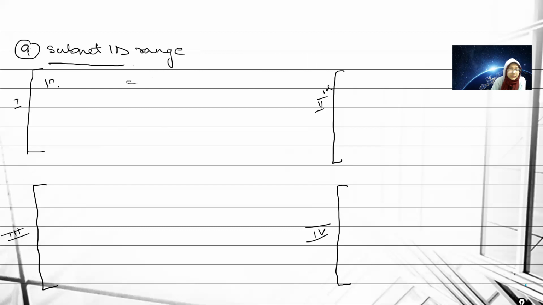So first is 199.10.20.0. You guys must be confused. Where am I getting these numbers? I'll tell you once I read these. 199.10.20.64. 199.10.20.128. 199.10.20.192.